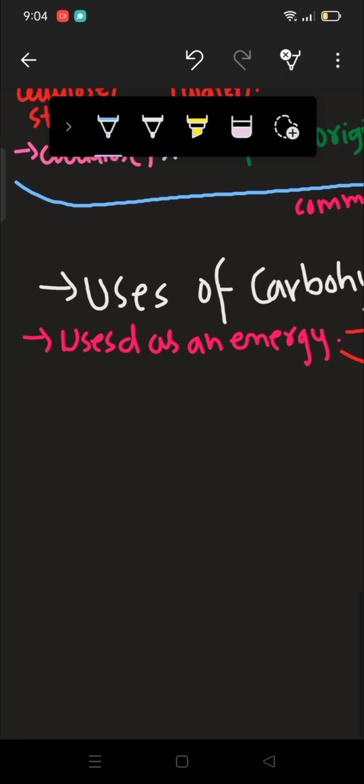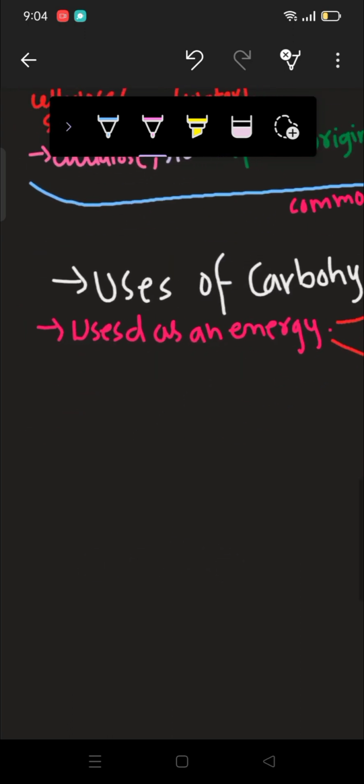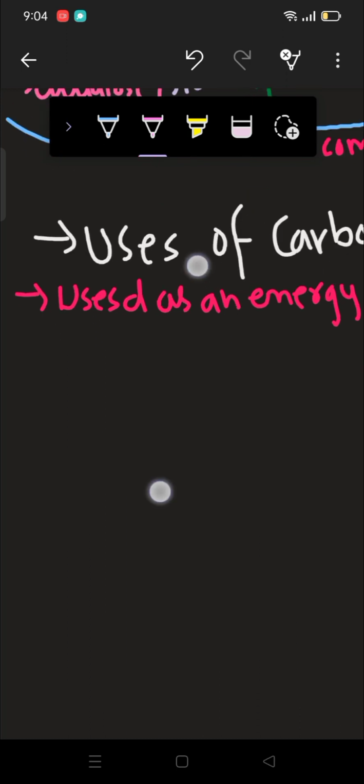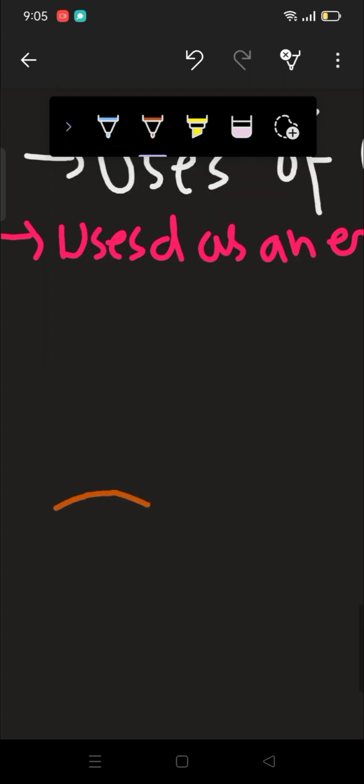photosynthesis. So let me write about photosynthesis as well. Plants are autotrophs and they use sunlight plus carbon dioxide plus water to synthesize the organic molecule which is glucose. Let me make the plant first.